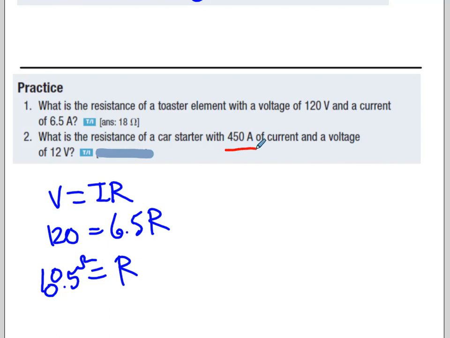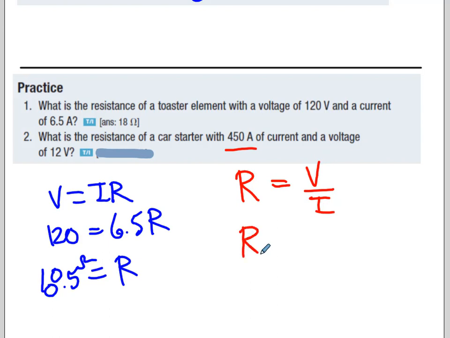Okay, what is the resistance of a car starter with 450 amps of current and a voltage of 12 volts? Okay, remember we talked about half an amp being enough to stop your heart. So here's a car starter producing 450 amps. So things it's important to understand. Okay, so what is the resistance? Go straight to the formula.